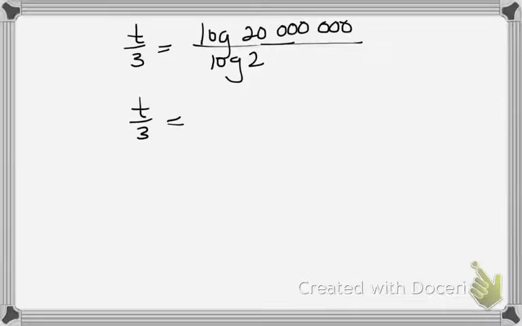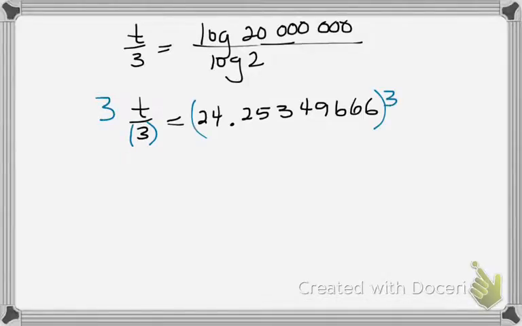I'm going to type into my calculator the log of 20 million over the log of 2. I'm going to leave quite a few decimals so we can be more precise. I got 24.2534966. The only thing left is to get t by itself. Right now I'm dividing by 3, so I'm going to multiply both sides by 3. I left that value in my calculator, so I'm just going to go times 3.